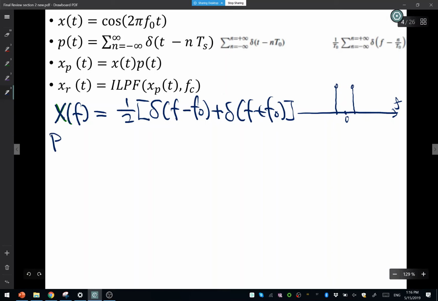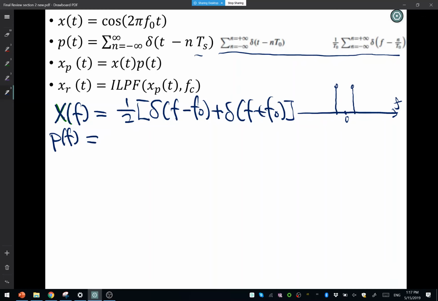Then we want to find P(f), the Fourier transformation of the impulse train. It is in the cheat sheet here, number 40. We find that the Fourier transformation of an impulse train is still an impulse train. Here T0 is Ts, and 1 over Ts is the sampling frequency, so we define Fs as 1 over Ts.